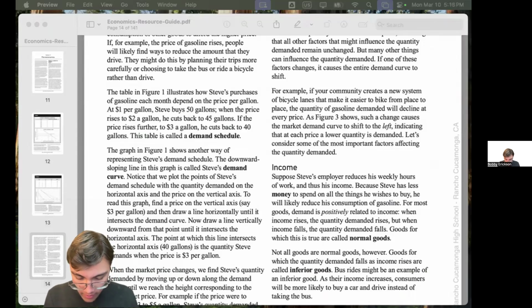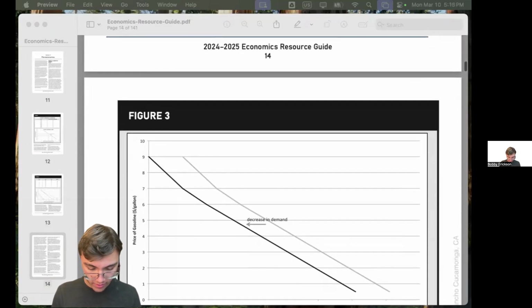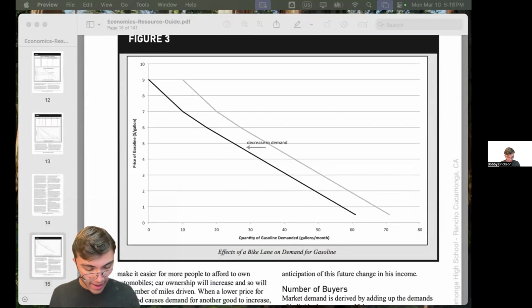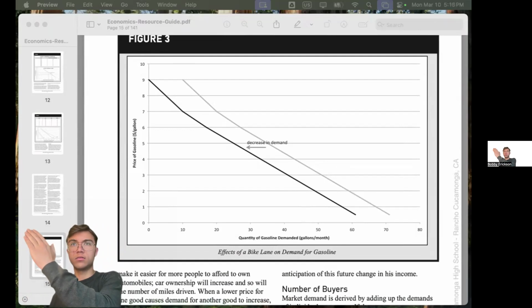So, for instance, if we have the quantity of gasoline demanded declining at every price, we can see that a market demand curve will shift left. If we go down here to figure 3, we will have a decrease in demand, which means it's going to look like this.